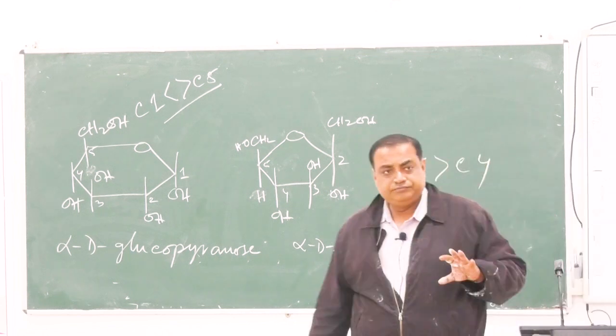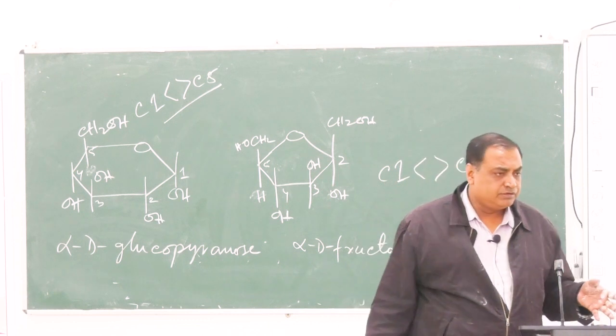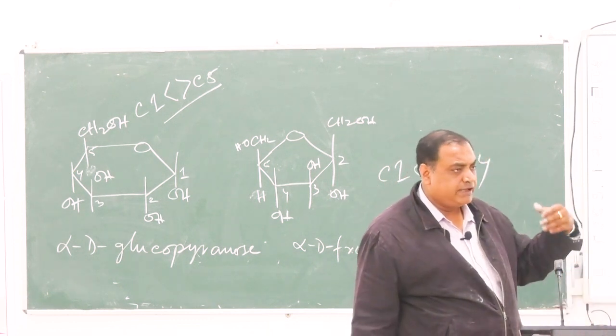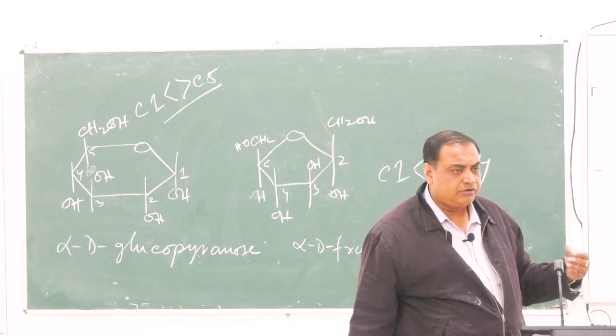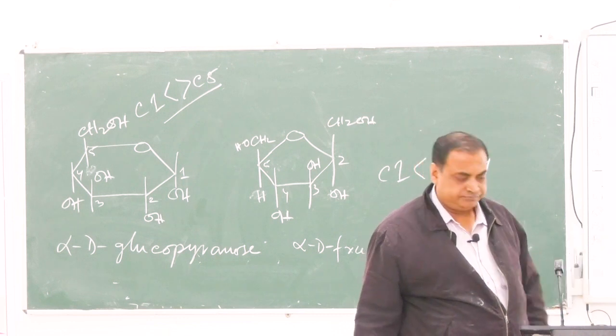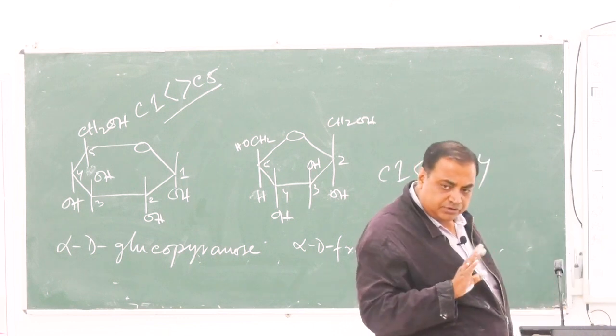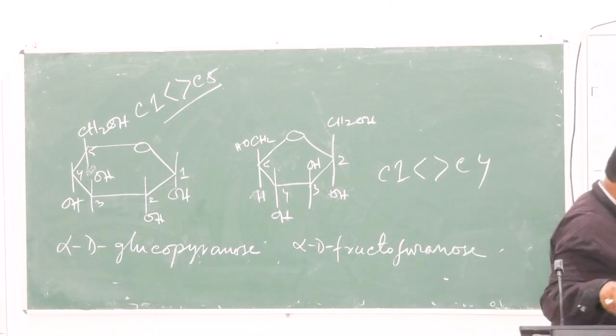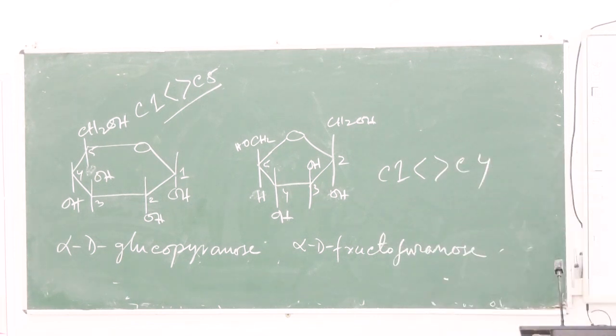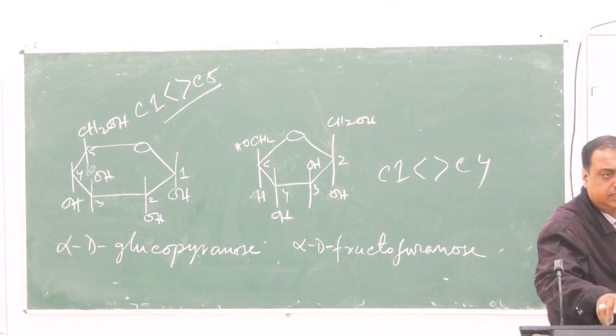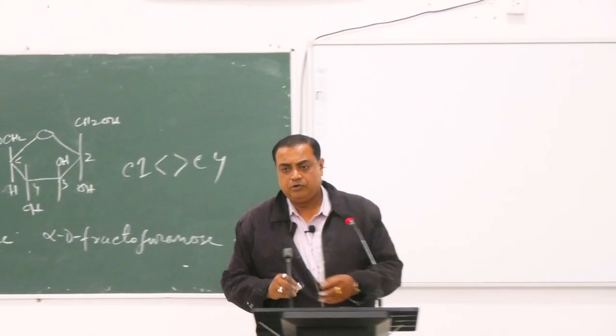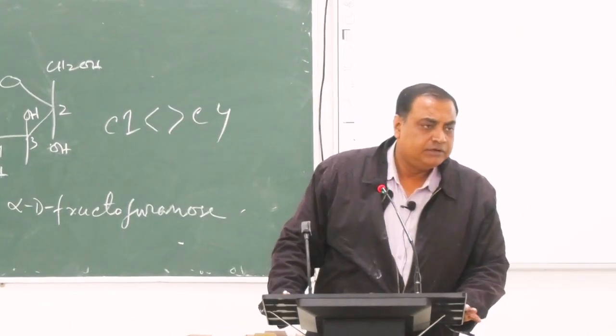Now, when we say pyranose, it is a single sugar. When they exist in multimeric form, we call it pyranoside. Clear? So, these are different isoforms of carbohydrates.